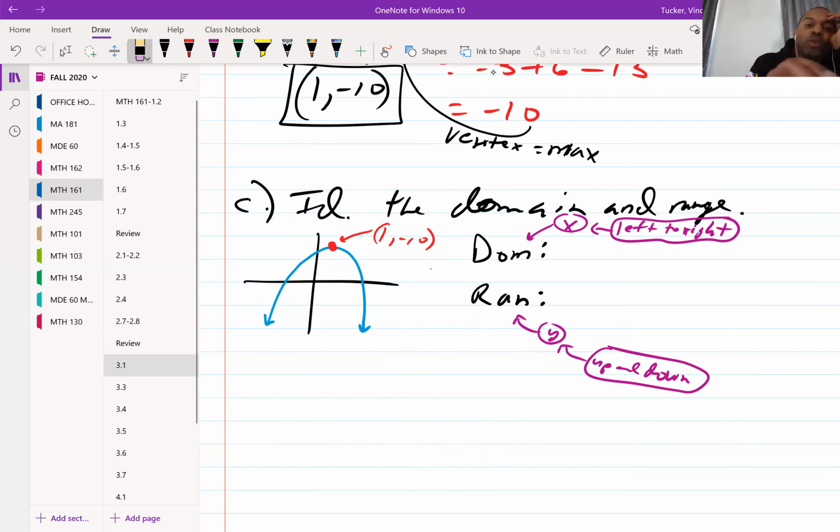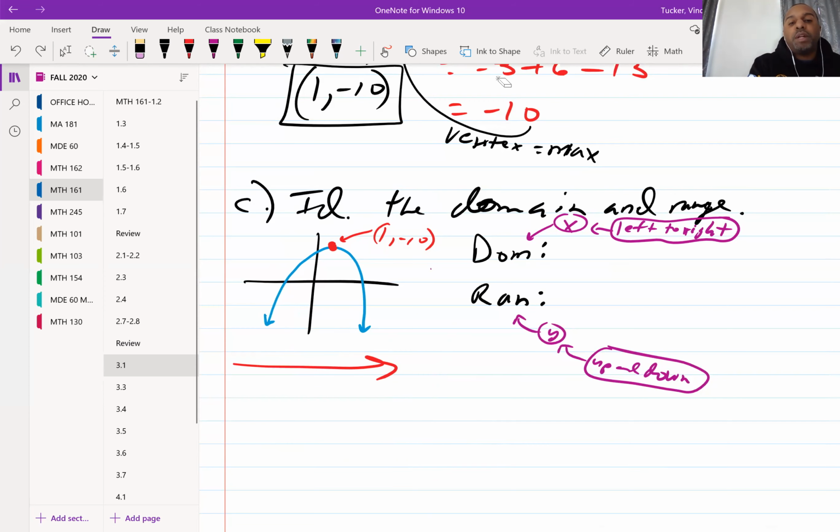So when you're talking about going from left to right, this parabola, as it goes down, is going to continue to get wider and wider. Nothing is stopping it from getting infinitely wide.